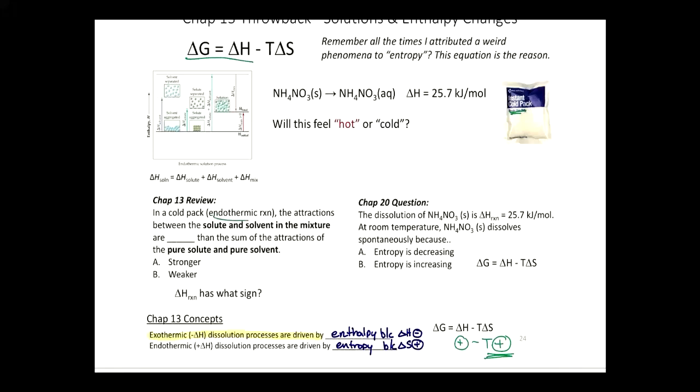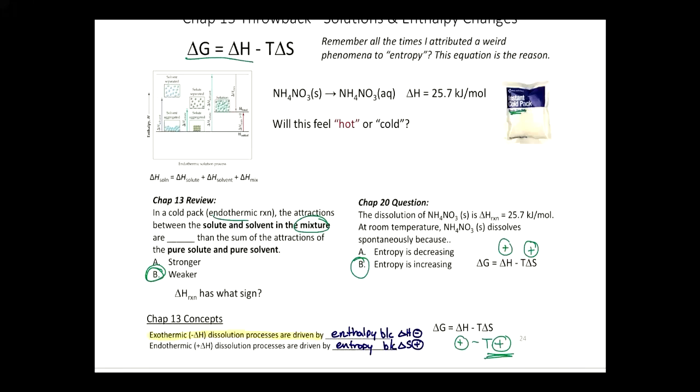So in an endothermic process, we see that the mixture actually has weaker bonds than the pure solute and solvent, which is weird. Why would we ever want to make something that's weaker? The world is always trying to make the strongest bonds possible, but it's because of the entropy component in Gibbs free energy. Entropy increases so much that it takes over that positive sign of enthalpy, and it still happens on its own.